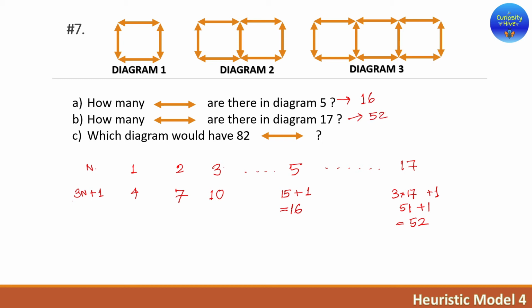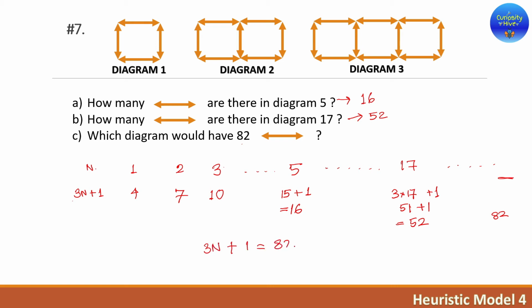And now we have to do the other way. So they have given that there are 82 double arrow lines. That means already this is 82. So what would be the n? Well, that means what they have given is that 3n plus 1 is 82.